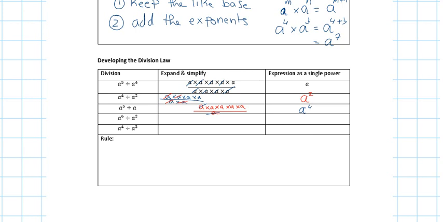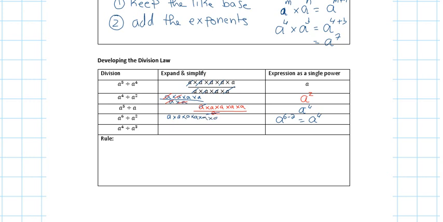So 6 minus 2 gives me A to the power of 4. If I do this, I should get A to the power of 4. Let's see. A times A times A times A times A times A divided by A times A. Cancel, cancel, cancel, cancel. You'll be left with A to the power of 4.